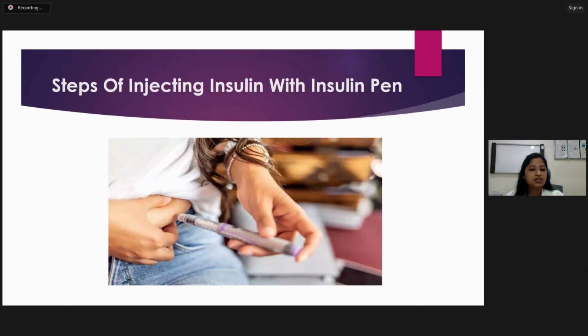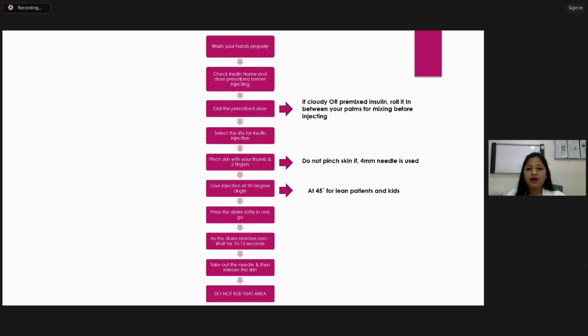Steps of injecting insulin with the pen. First of all, we tell the patient to wash their hands properly. Check the insulin name and dose prescribed by the doctor before injecting.